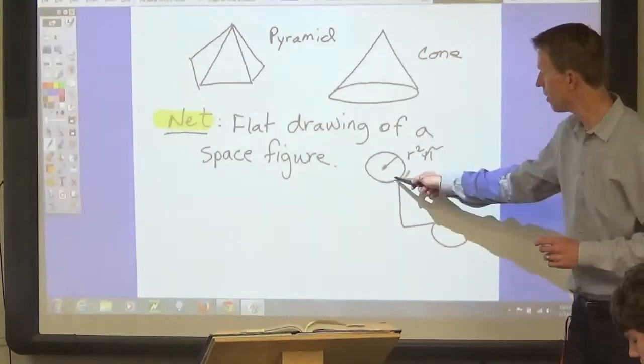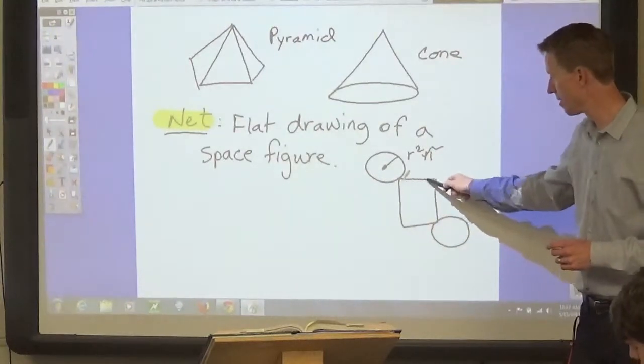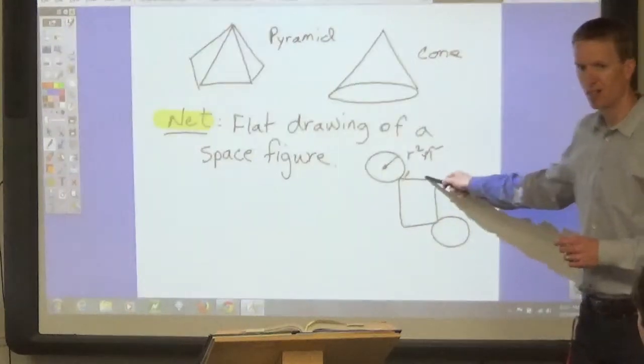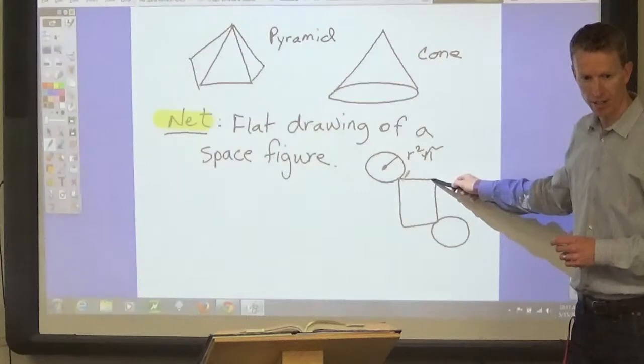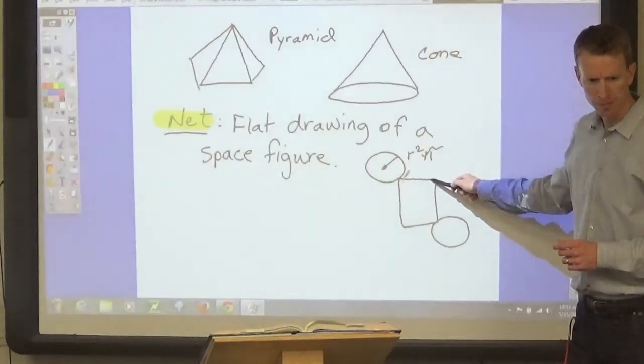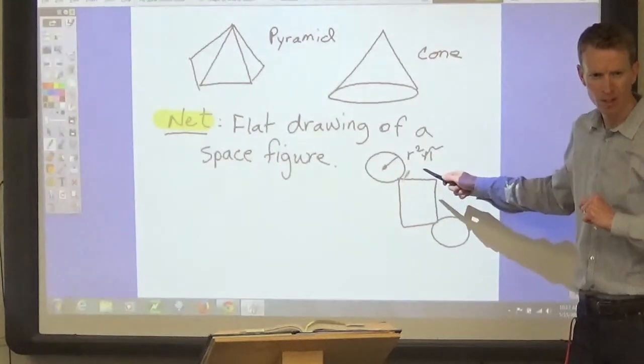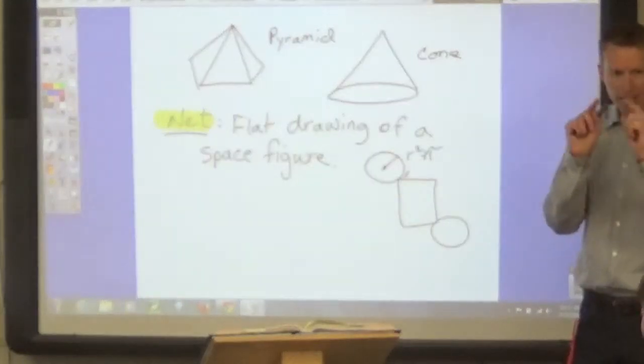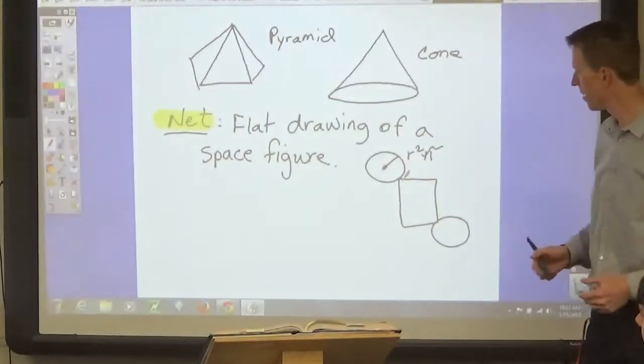The circumference is going to be the same as this baseline, won't it? Why? Because the baseline wraps around that circle. Right, the baseline wraps around that circle. Good, Michael.